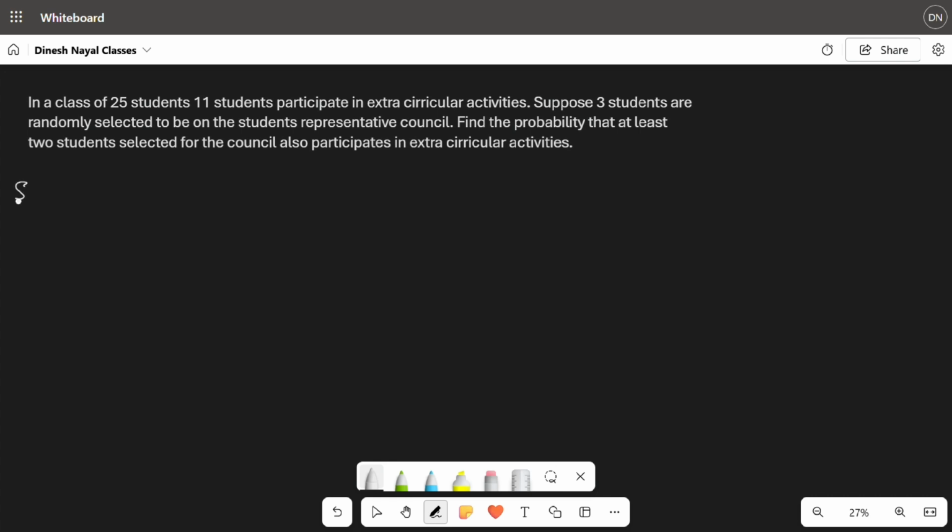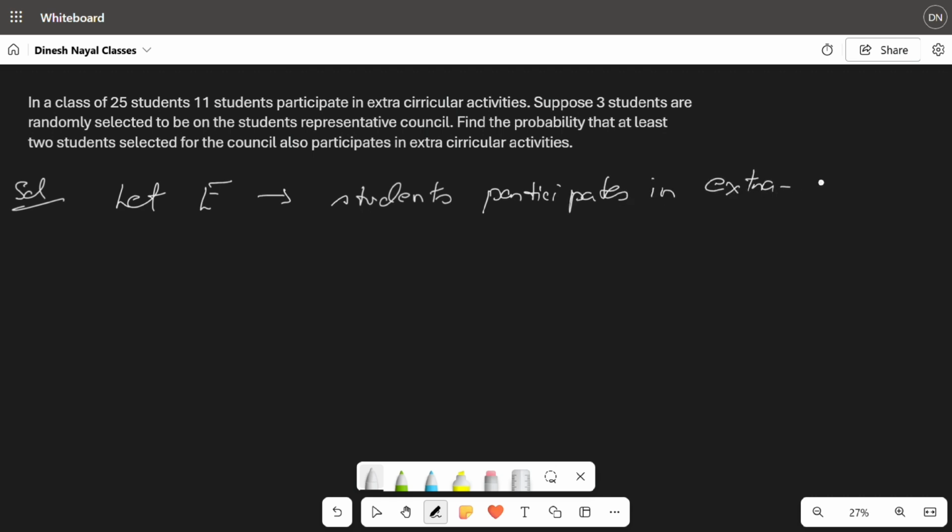The solution for this is, let E represent the students who participate in extracurricular activities, and similarly E dash will be the ones who do not participate in extracurricular activities.